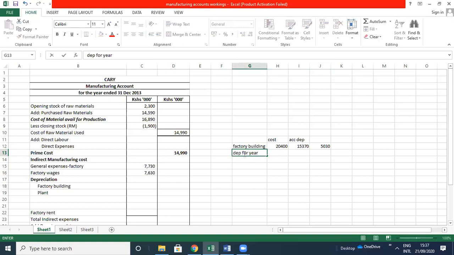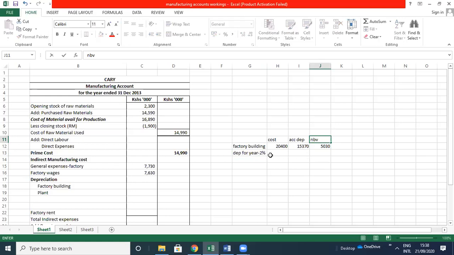will be, what is the percentage that we are charging? Very fast. Give me the percentage. Factory building is 2%. You see that? From additional information number 7, it is 2%, right? Therefore, depreciation for this year will be 2% of the net book value at the beginning of the year.